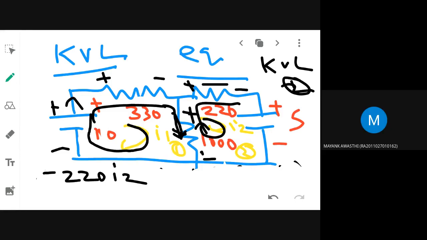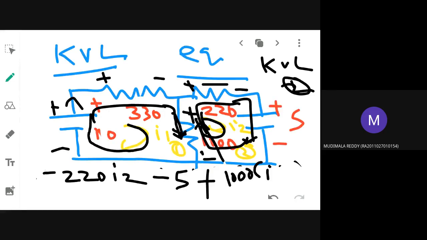Then again, if you follow here, plus to minus, again 5, minus 5. Again here, plus 1000. Minus to plus or plus to minus? Minus to plus, so you will get plus. Again 1000 (I1 minus I2), which is equal to 0.